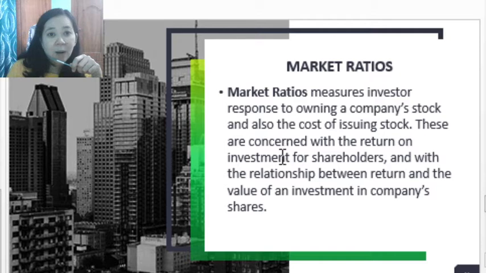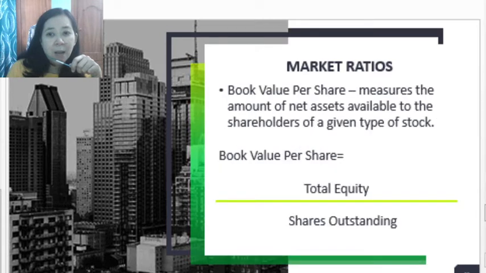So these are concerned with the return on their investment for the shareholders, and also with the relationship between the return and the value of the investment in the company's share. That's why for the market ratio, we will only be talking about the book value per share in this case. This is the most common, but there are also other ratios under the market ratios.